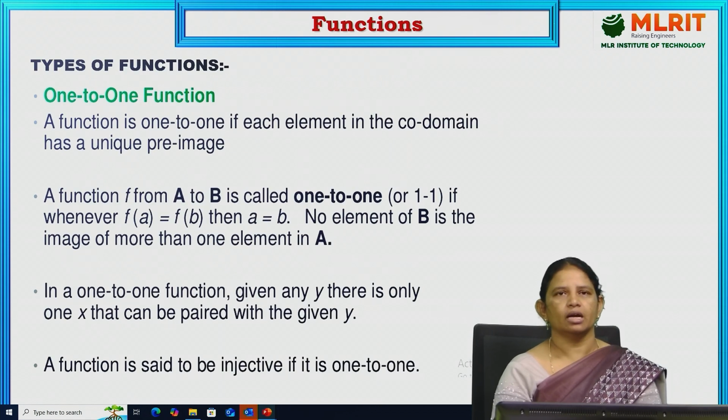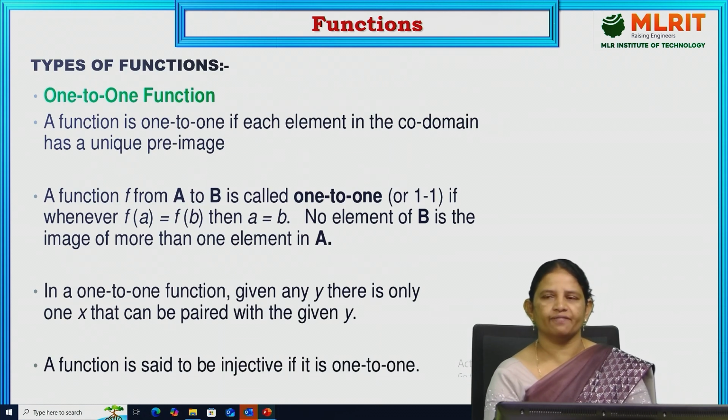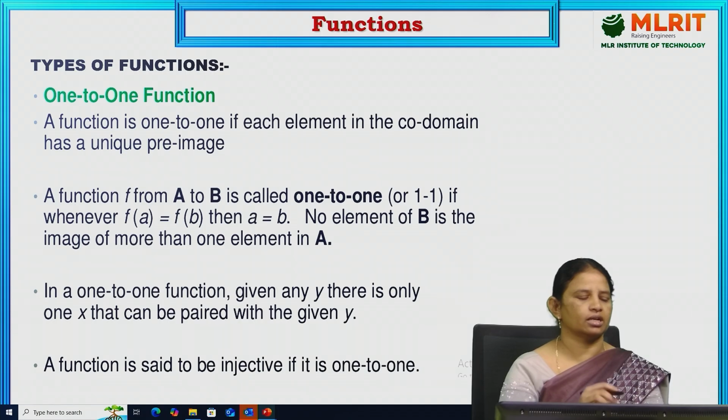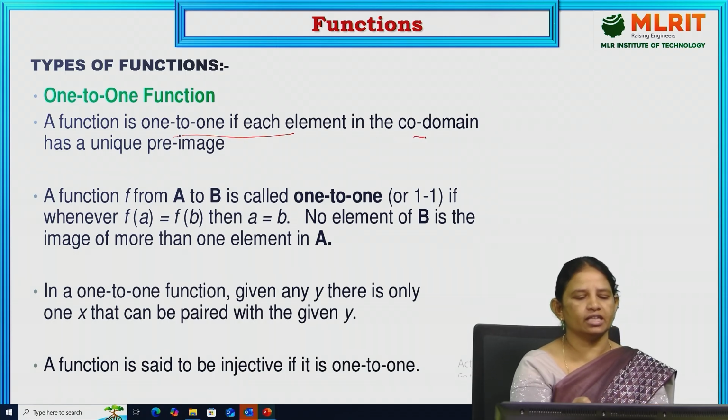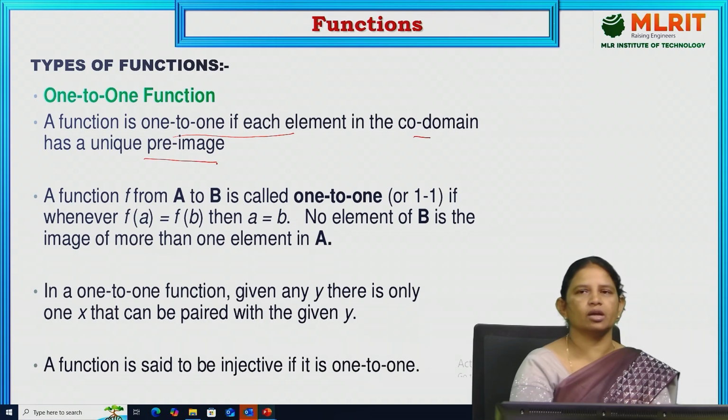There are different types of functions. The first one is the one-to-one function. A function is said to be one-to-one if each element in the codomain has a unique pre-image.